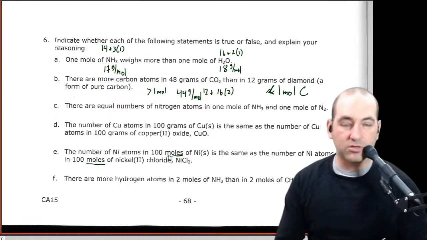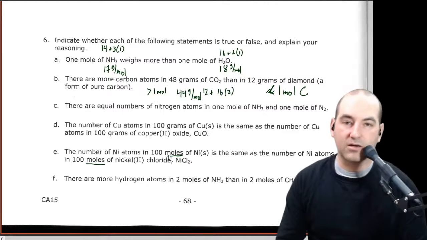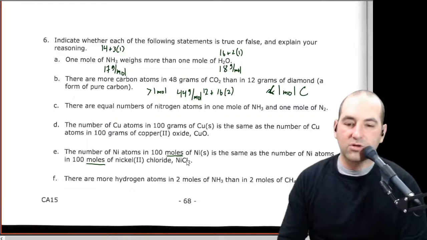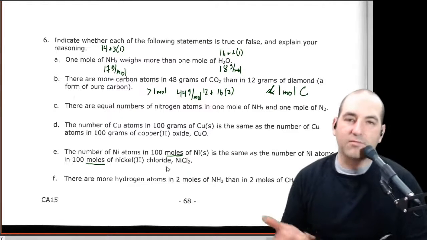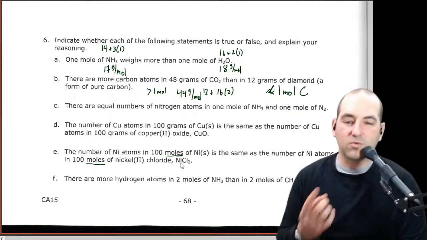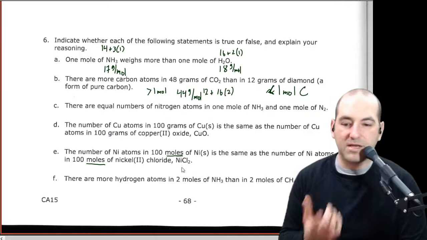And if that word moles throws you off, think about dozen or just one. Think about counting individual pieces. If there were 100 pieces of nickel versus 100 pieces of nickel 2 chloride, well, look at nickel 2 chloride. In that, there's 2 chlorides for every 1 nickel. So each piece, let's say, whatever a piece is, each piece of nickel 2 chloride has 1 nickel in it. So if we've got a piece, we've got a nickel.